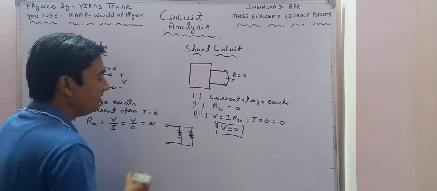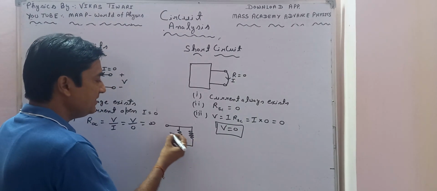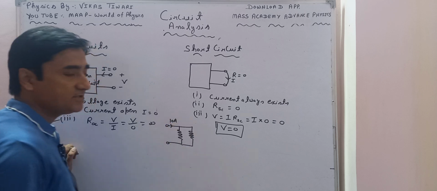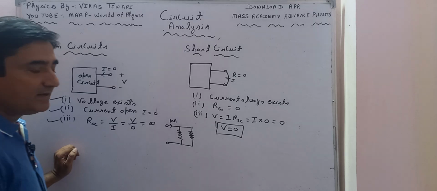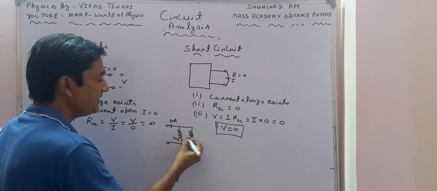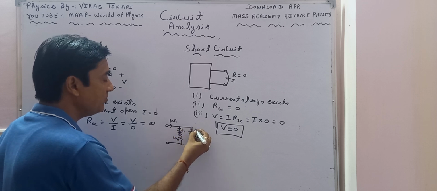Okay, when we are taking two resistances, say a 10 ampere current is flowing through these two resistances, and both resistances have the same value, 100 ohm and 100 ohm. This is the value of I1, this is the value of I2.